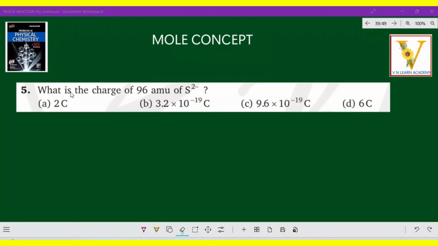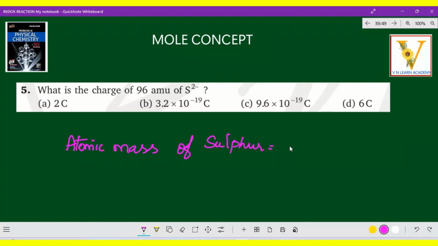The next question: what is the charge of 96 AMU of S2 minus ion? See here, AMU only is mentioned, like the last question, right? Now the atomic mass of sulfur is 32 AMU.